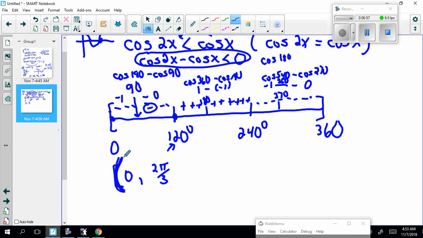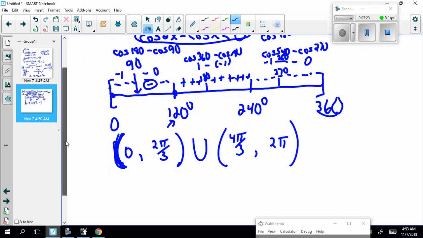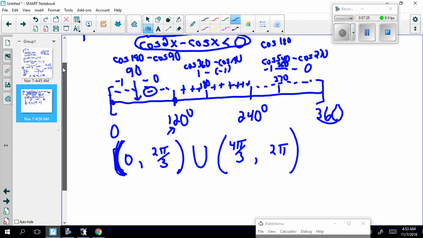So I must put a round bracket, union, 4 pi over 3, 2 pi, and I know it actually equals 0 at 2 pi, so you can't include it. And that's where it's negative. Do I like doing it like that? No, not really. I prefer to just do a visual.